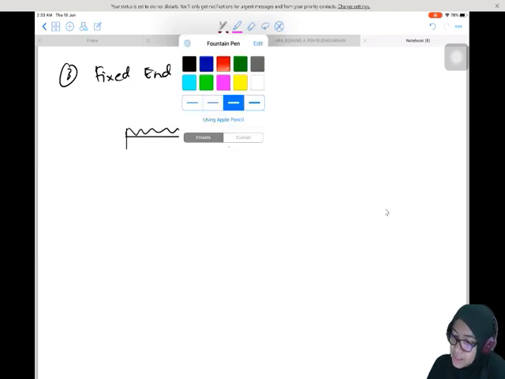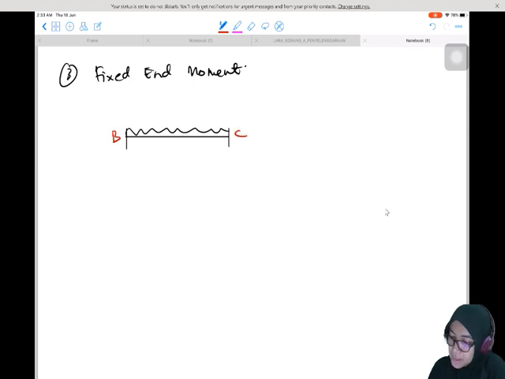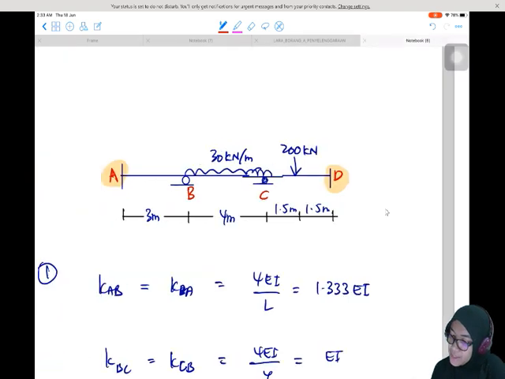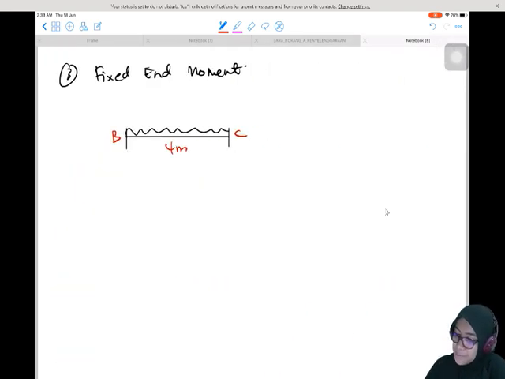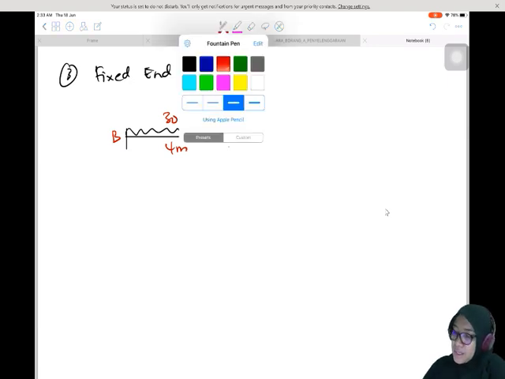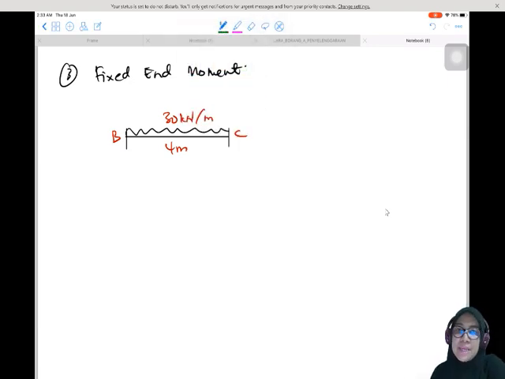So this is BC. The length is 4 meter. The value is 30 kilonewton per meter. Okay, remember that the beam, due to the load, will bend. And the moment will push the bent beam back to its original straight position.